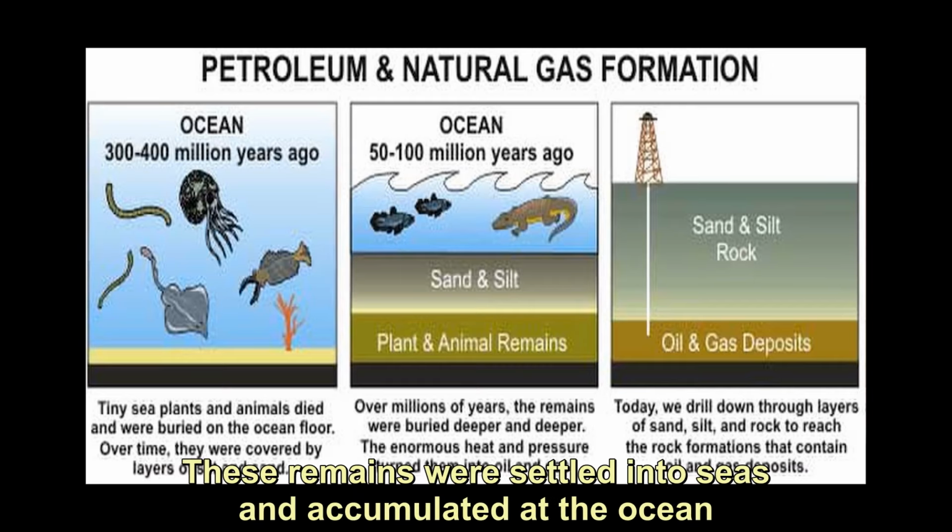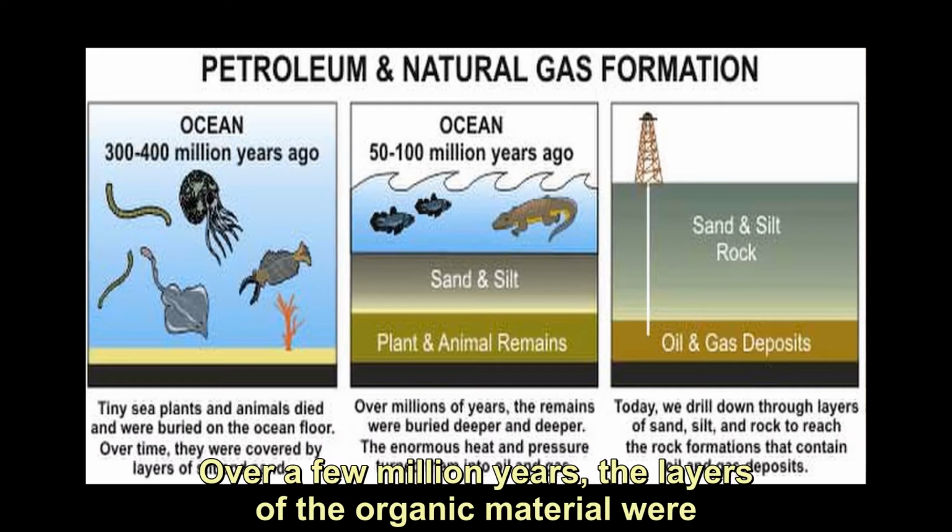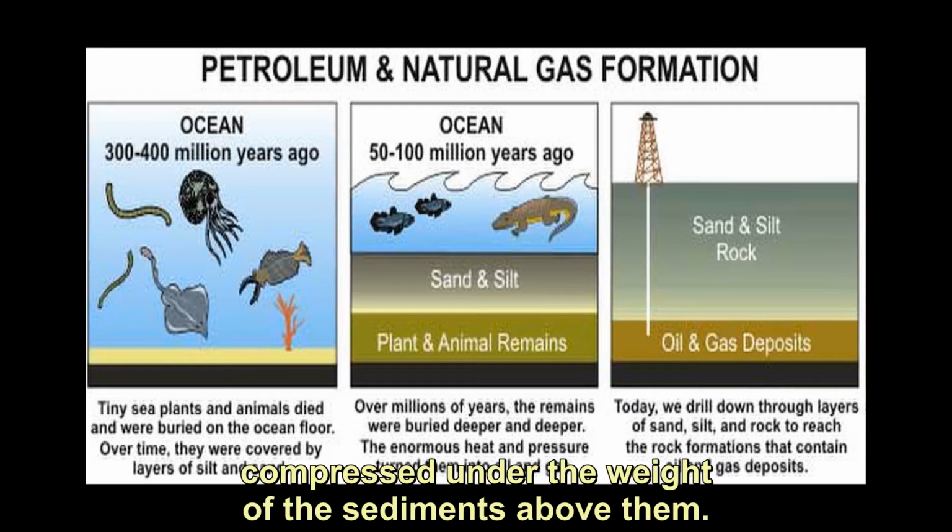The remains settled into the sea, accumulated at the ocean floor, and were buried under several kilometers of sediments. Over a few million years, the layers of organic material were compressed under the weight of the sediment above them.